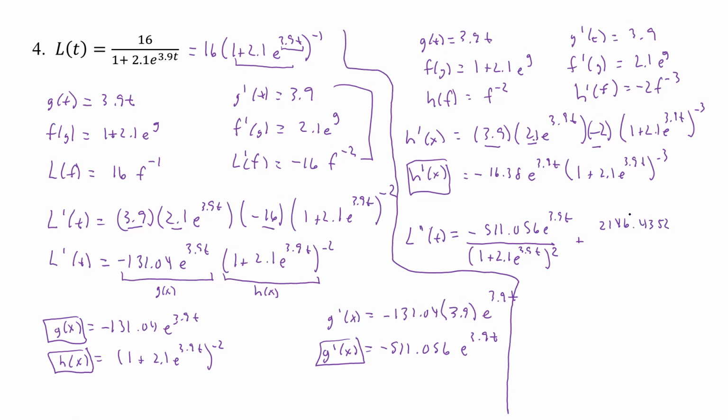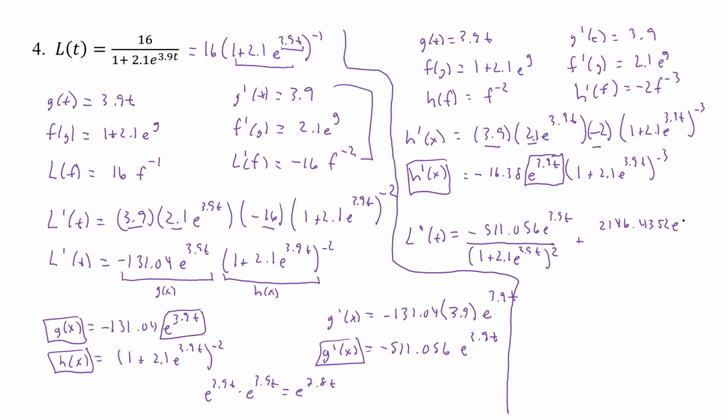So that's 2146.4352. And then I have this piece times this piece, okay? And if you think about that, e to the 3.9t times e to the 3.9t, well, we're just going to add those exponents together, and we're going to get e to the 7.8t.